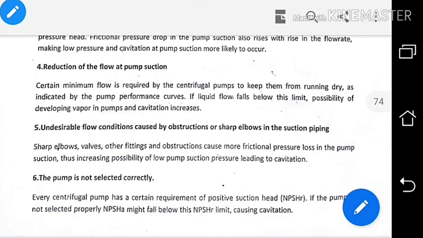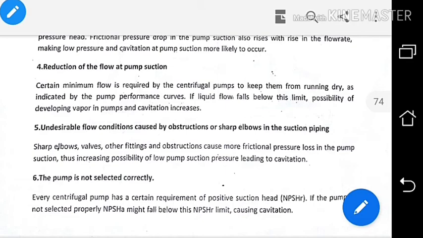Undesirable flow condition caused by an obstruction or sharp elbow in the pump suction piping. All this obstruction and sharp elbow in the suction piping can increase the frictional losses. The NPSH formula we know is Pa plus H minus Hs plus frictional losses plus vapor losses.